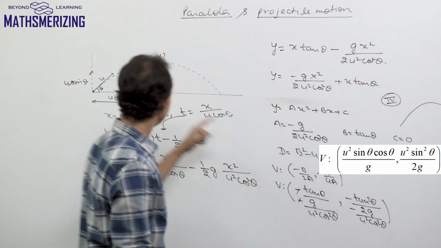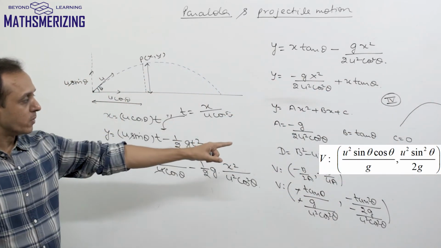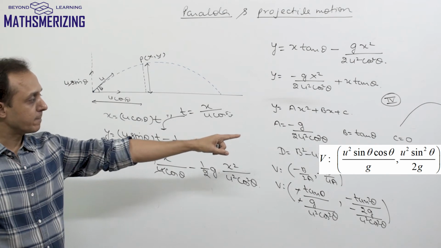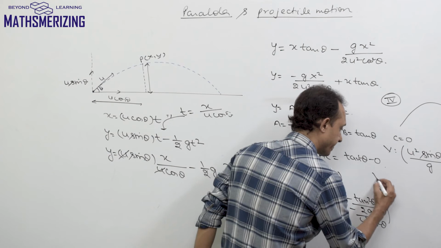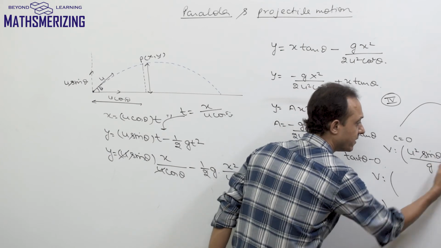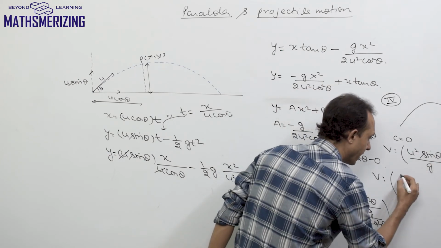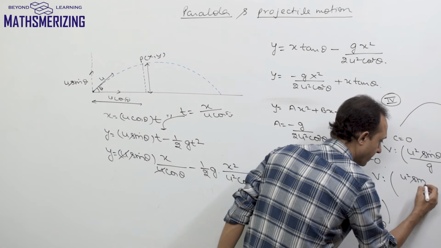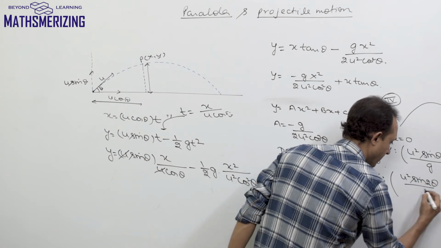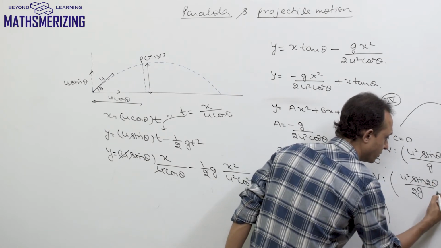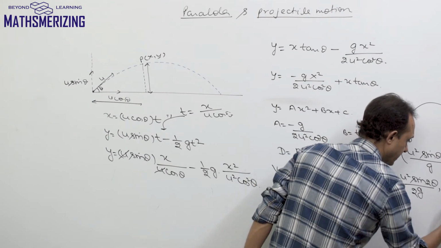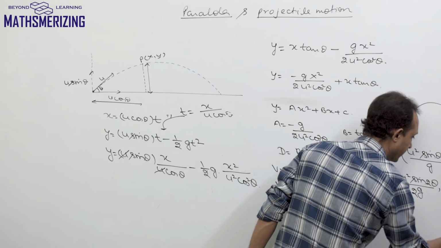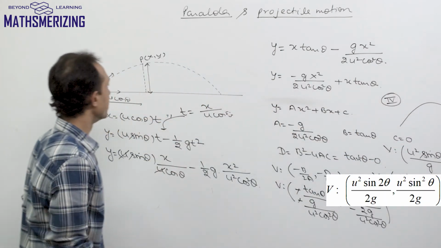So the vertex of this parabola will be u square sine theta cos theta upon g and u square sine square theta upon 2g. We can also write it as, if I multiply by 2 and divide by 2, u square sine 2 theta upon 2g and u square sine square theta upon 2g, and that's the vertex of this parabola.